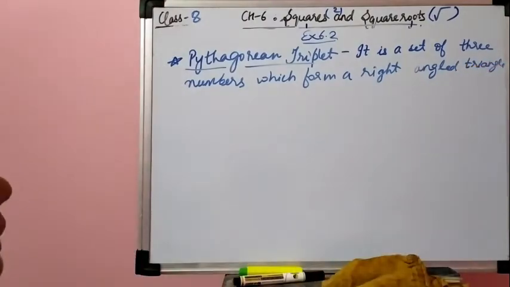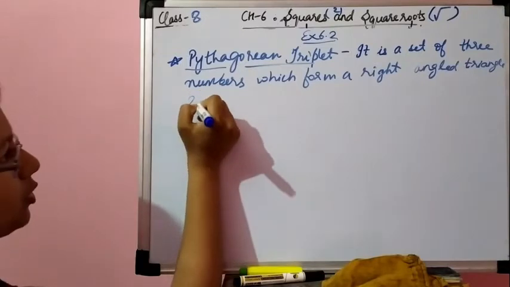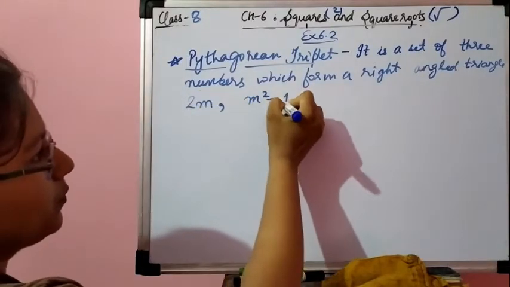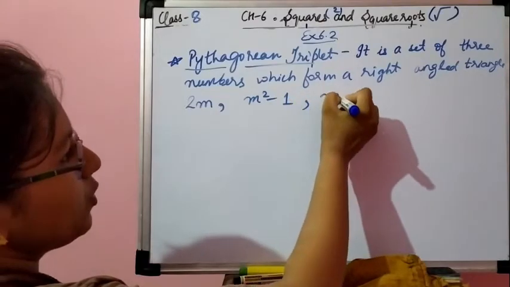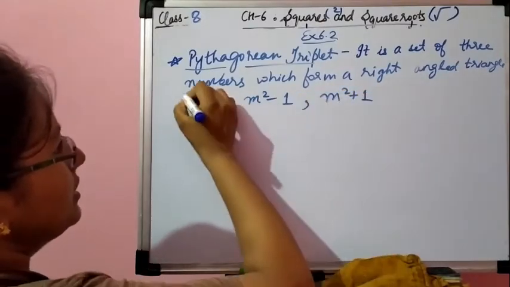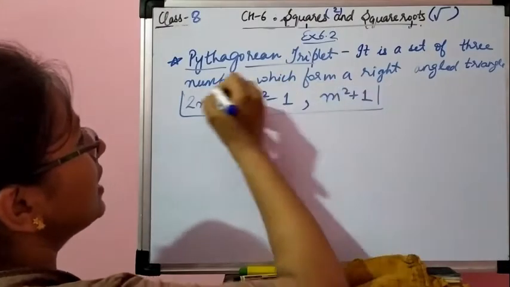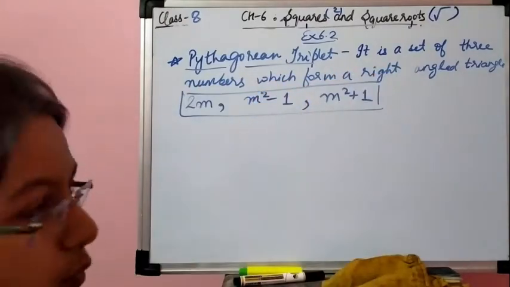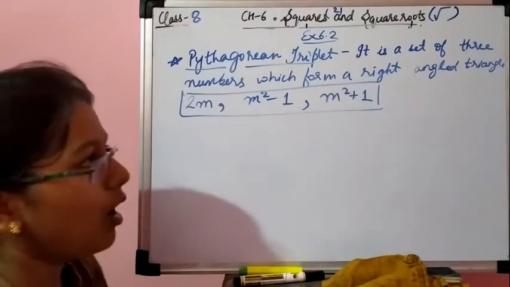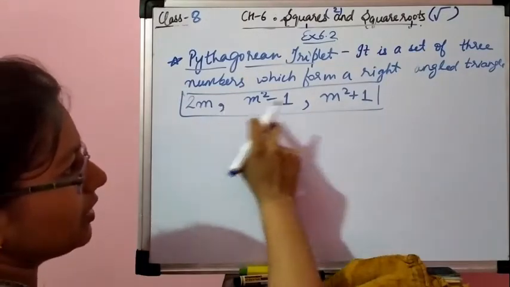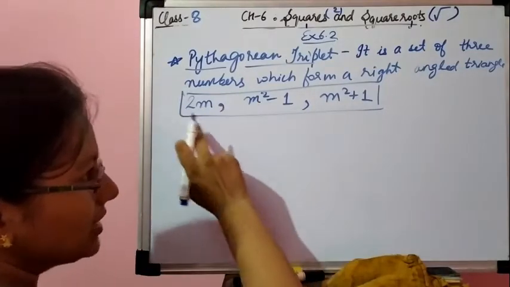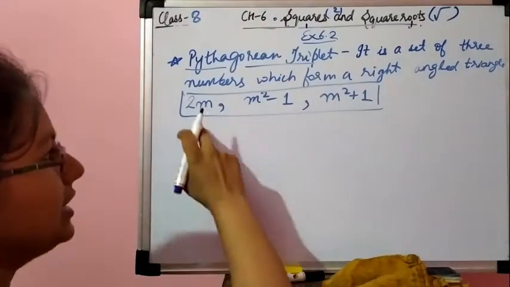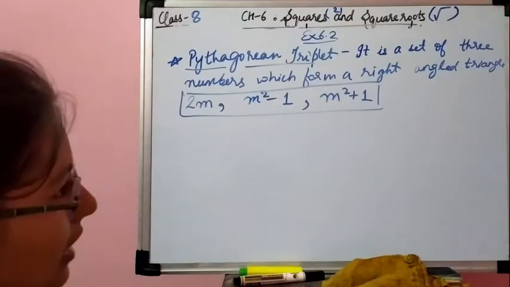Now what are the three Pythagorean triplets? 2m, m square minus 1, m square plus 1. These are the three Pythagorean triplet. Since there are three numbers, they are a triplet, and since they form a right angle triangle, these can be the sides of a right angle triangle.